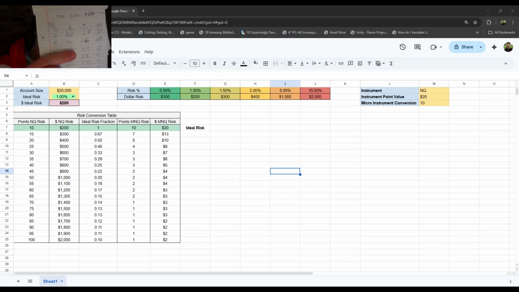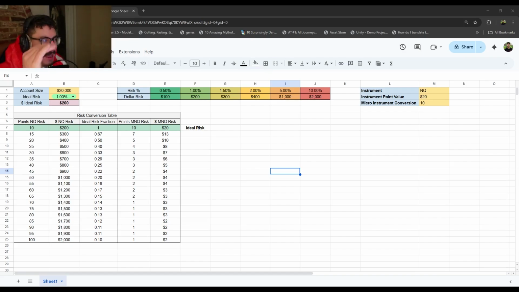So times 0.4 is $200. And 25 points times the same fraction is 4 points. How do I get that number? I'm doing a bad job of describing this. Not 25 times 0.4. I'm using the amount that I'm dividing.